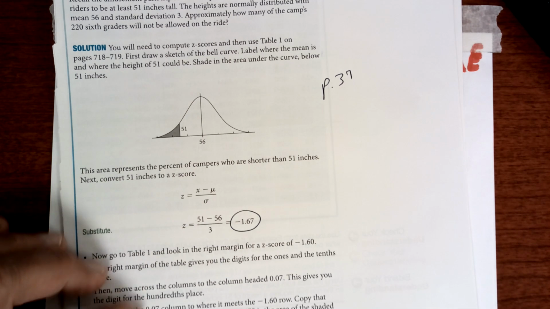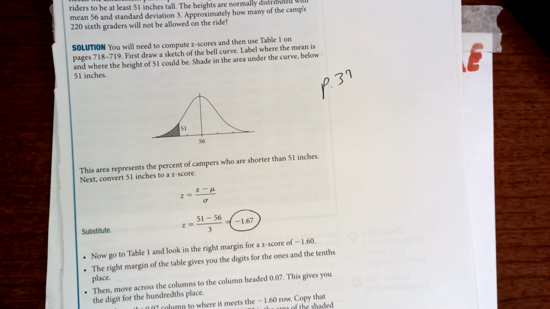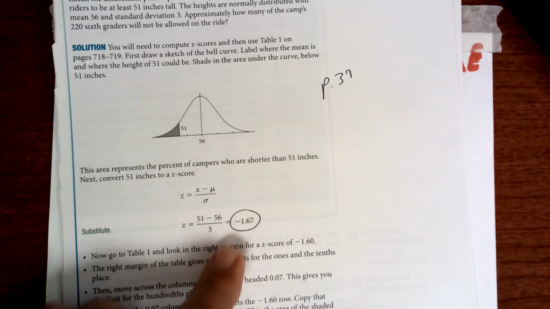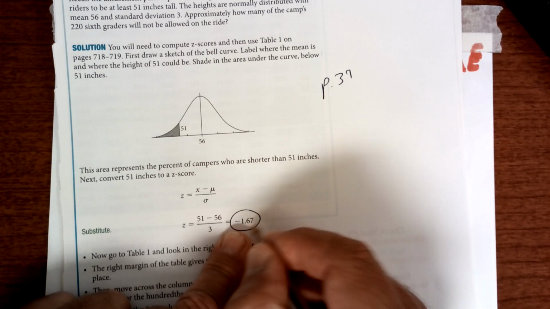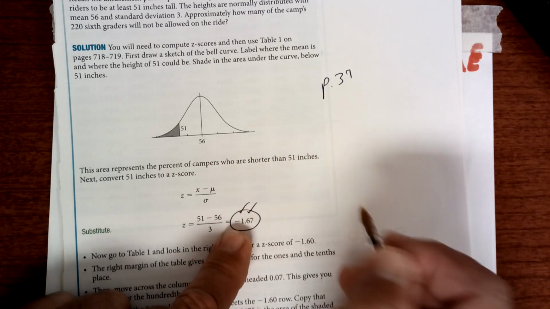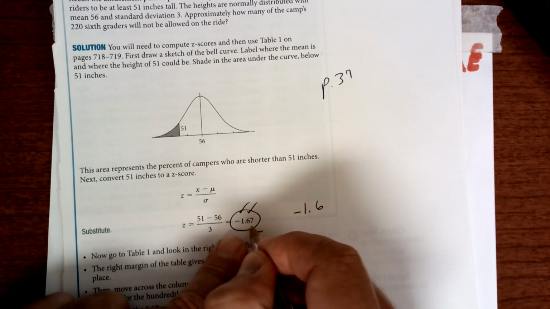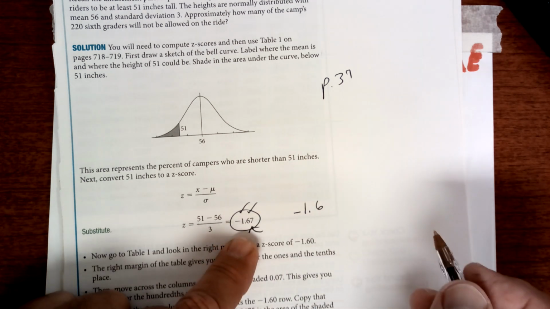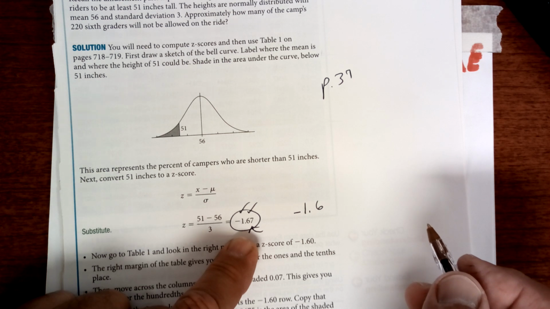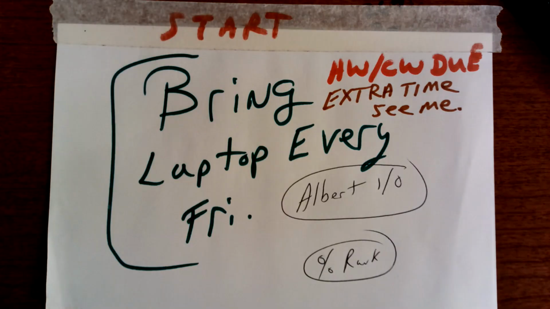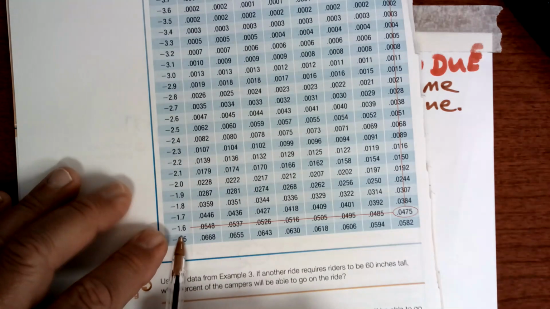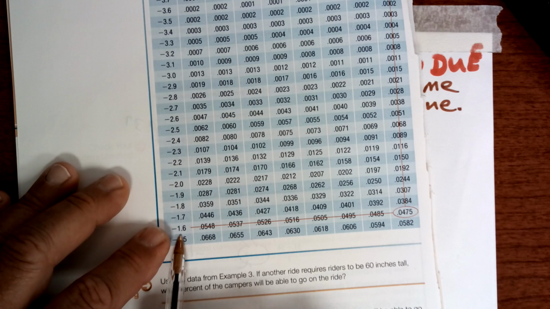Now the way you work this is, you're going to use a table. You take the first two numbers here, which give you negative 1.6. And then this third number, which is really the second number behind the decimal, is going to be 0.07. Let's see what they did. They came here to the chart, turned the page, and went down to negative 1.6.